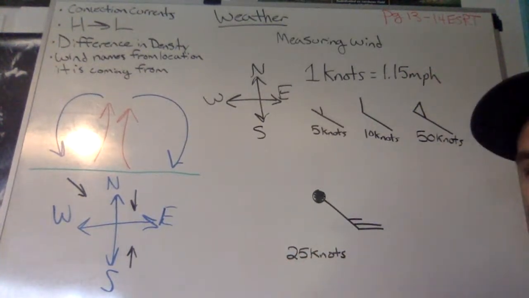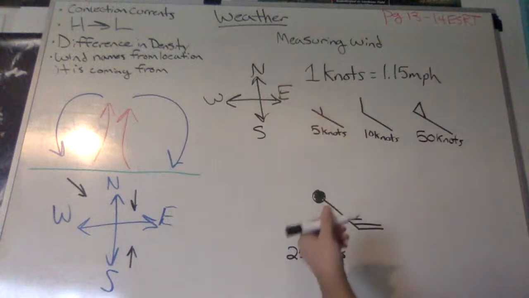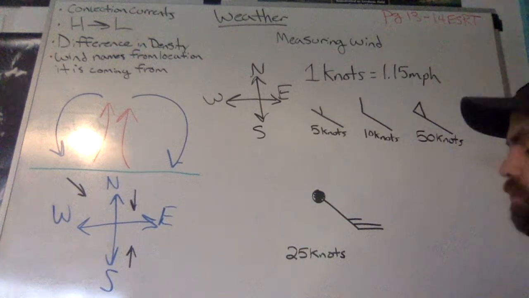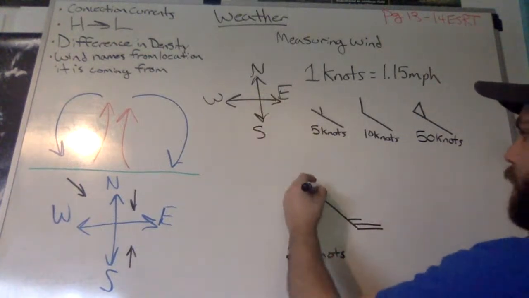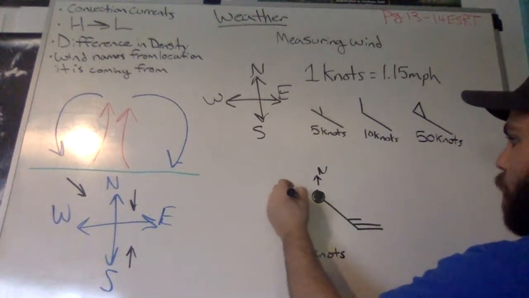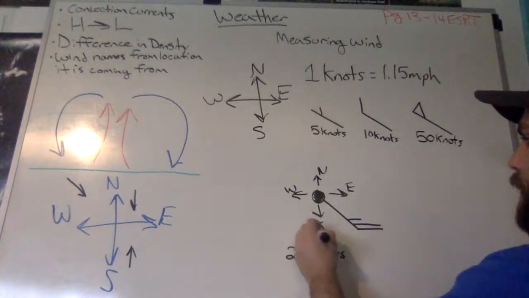Okay. Now we just got to get the direction or the name of the wind. So if we bring this down, right? And this is what you could also do too. You can bring it up right to it. So let's say we got north, we got west, we got east, and we got south.